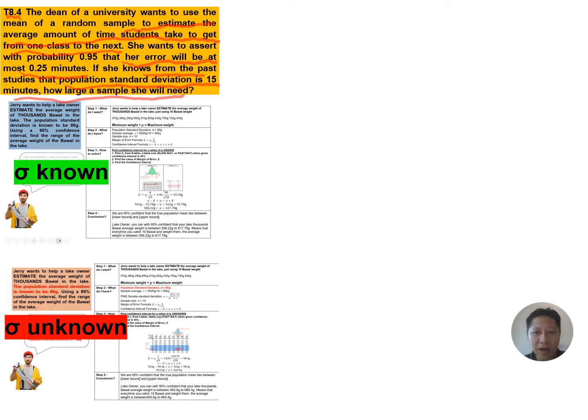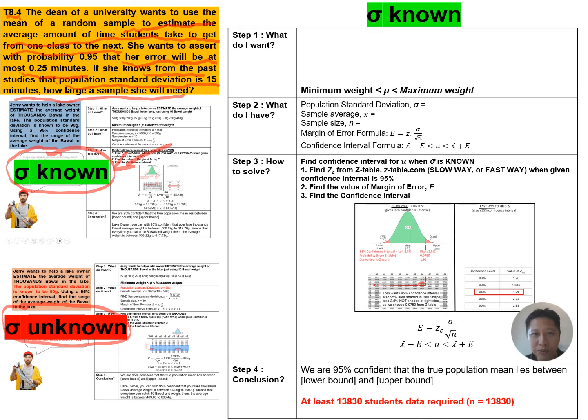We need to identify whether this problem falls under population standard deviation known or unknown. It seems like this one, so the population standard deviation is known.